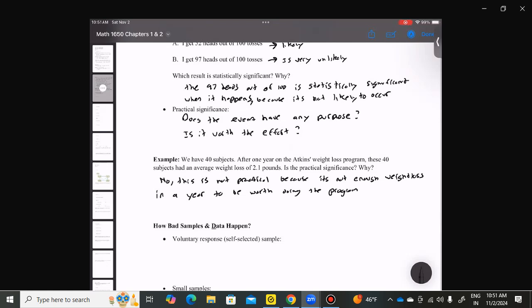Somebody could have 2.1 pounds fluctuate easily within a couple of days or a week. To have that as the average, you're pretty much saying you didn't really lose anything, even if it comes out that it's statistically significant.